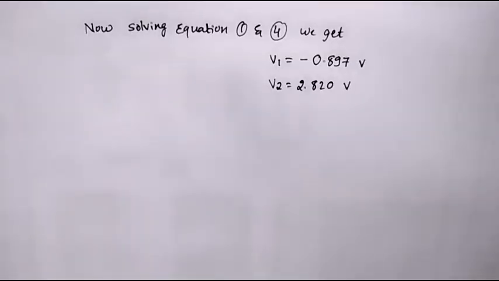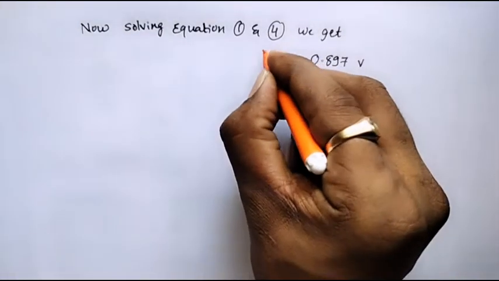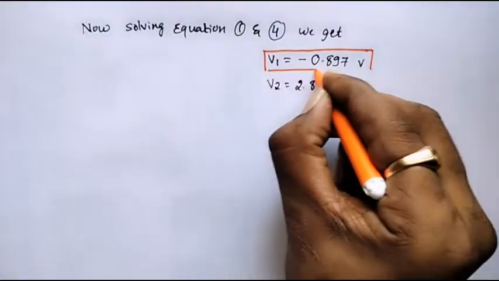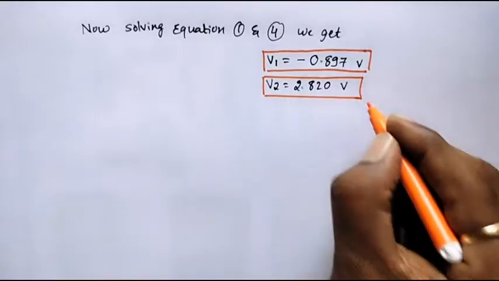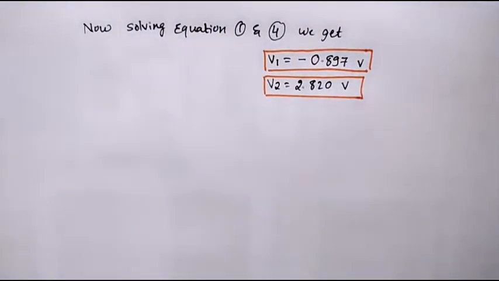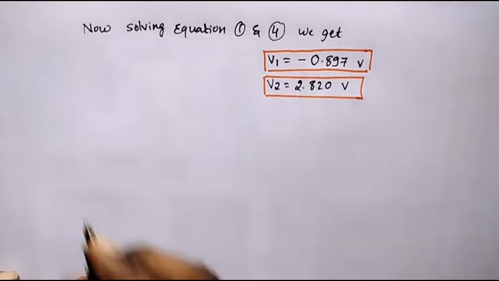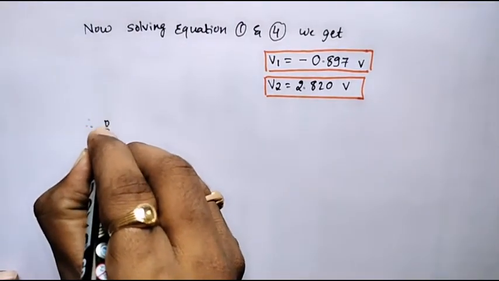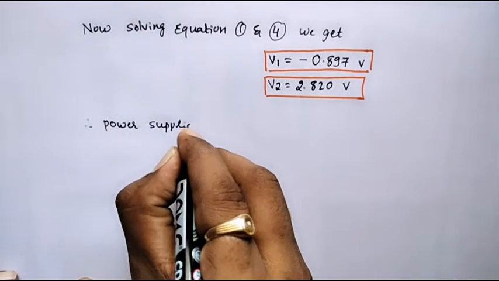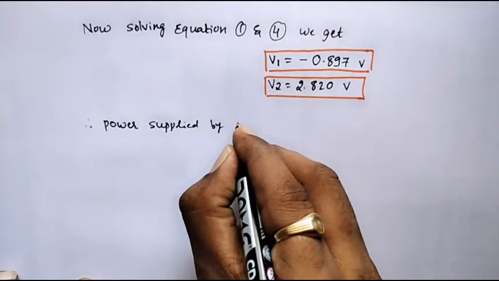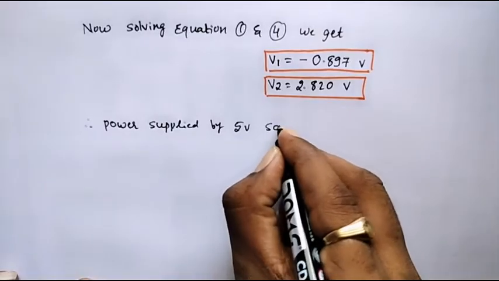These are the node voltages, that is V1 is minus 0.897 volt and V2 is 2.820 volt. Now let's find the power supplied by 5 volt source.